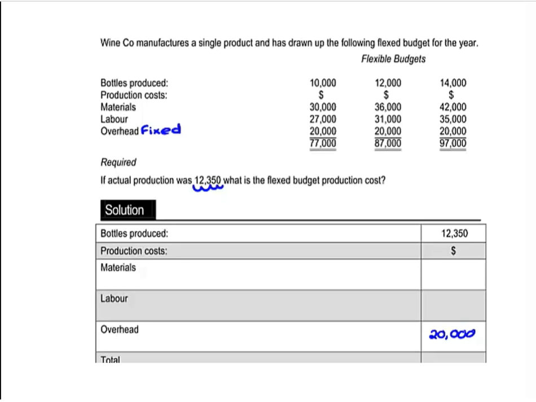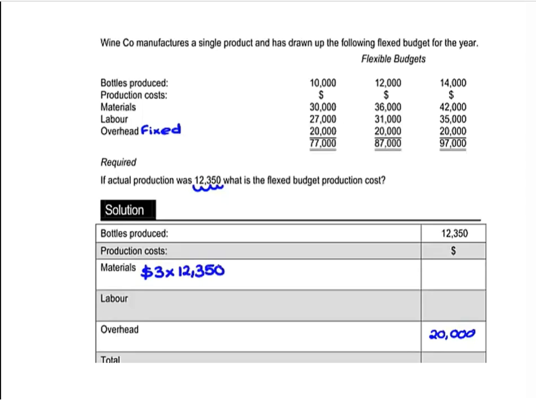If you look at the material costs, you can see as well that those are constant. So 30,000 divided by 10,000 is $3 per unit, 36,000 divided by 12,000 is $3 per unit, and 42,000 divided by 14,000 is $3 per unit as well. So it's a good idea to work out the cost per unit at all of the different activities, and if it's the same, then you know it's constant.